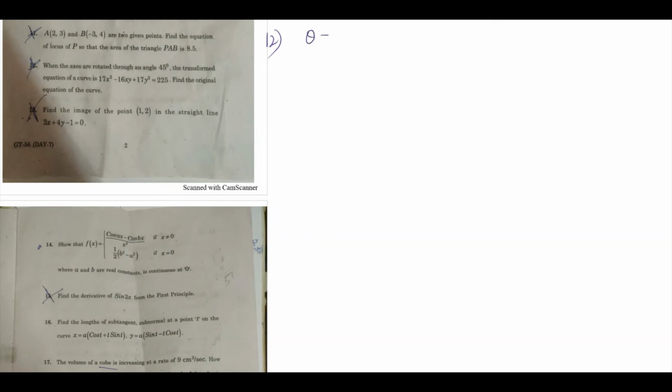So here theta equals 45. We know the formula that these are my old axes and these are my new coordinates. So this will be cos theta, minus sin theta, and sin theta, cos theta. Since I want the original equation, write the new coordinates in terms of the old coordinates.